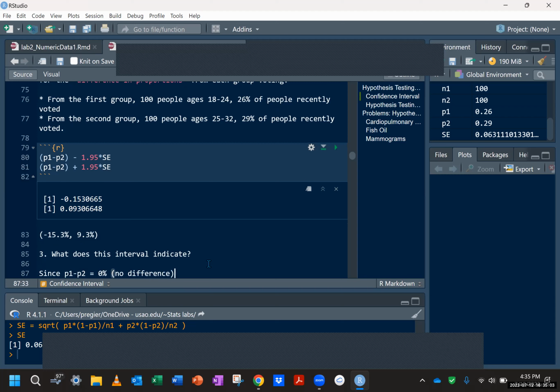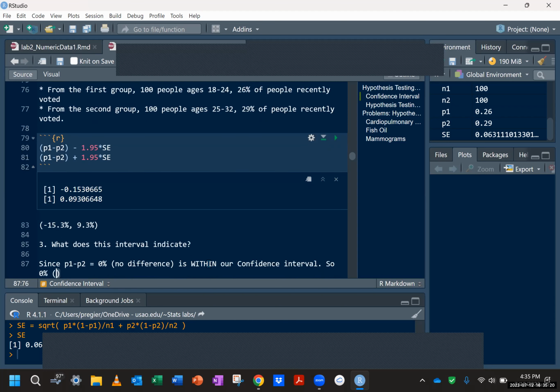That outcome is within our confidence interval. And what the confidence interval tells us is plausible values. So 0%, no difference, is plausible.